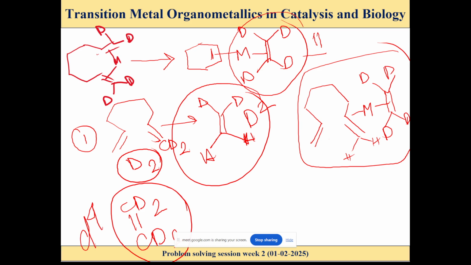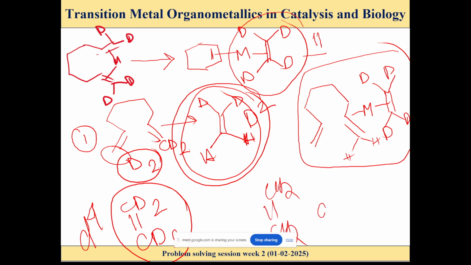And if from this system this undergoes flipping and the rest of the deuterium also undergo exchange, that will generate another product, that is without deuterium.